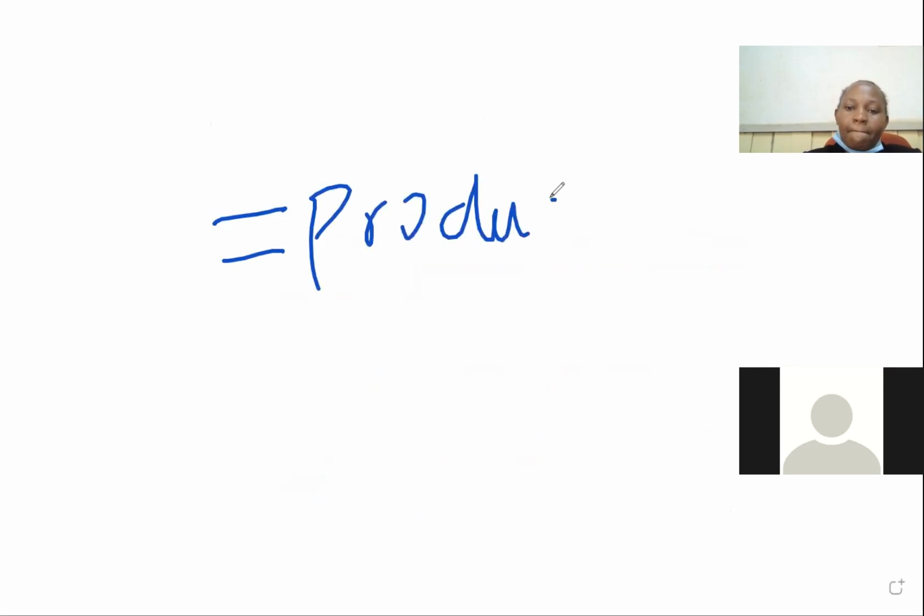You can write equals, then the function PRODUCT, open the brackets, and then the cell references you are multiplying.